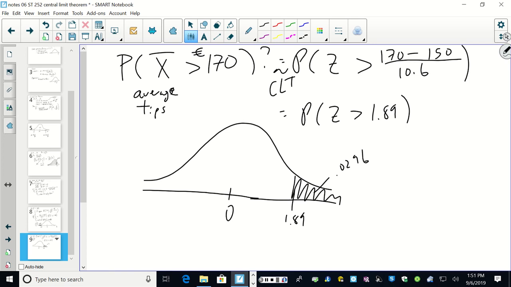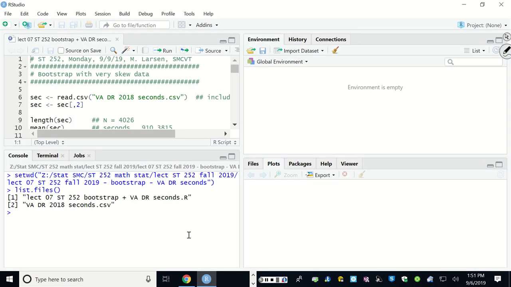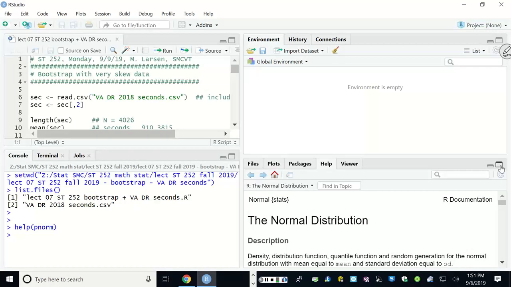So we can answer a number of different things. In R, there are functions for dealing with the standard normal. There's a help page. pnorm will do the probabilities for a normal.